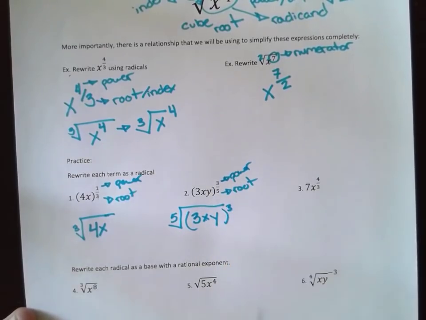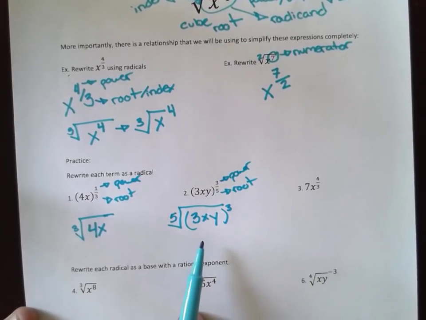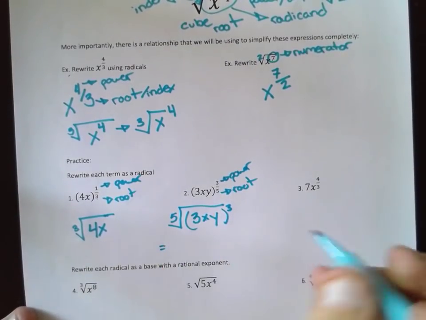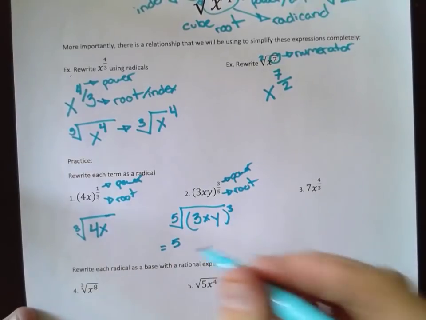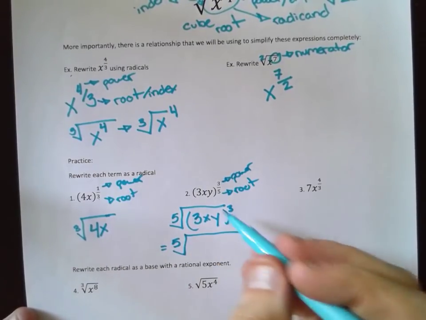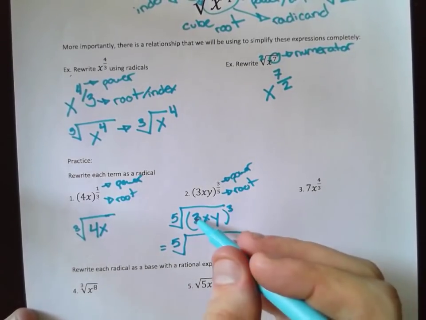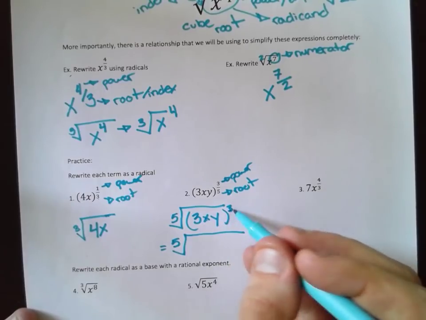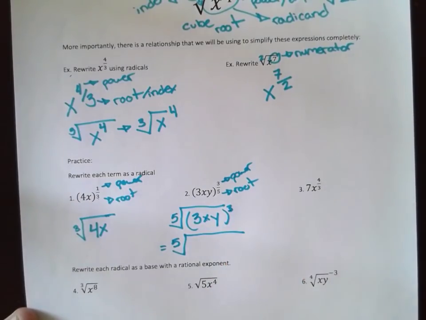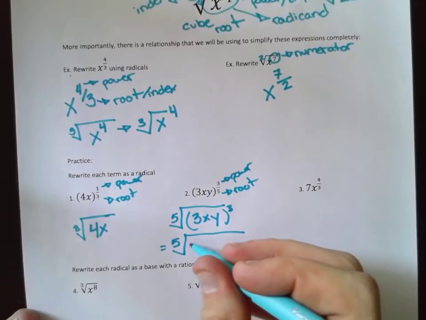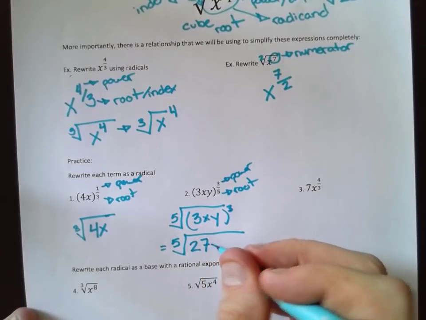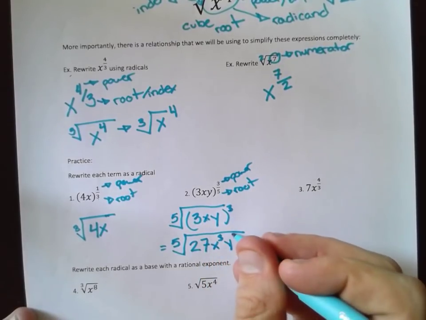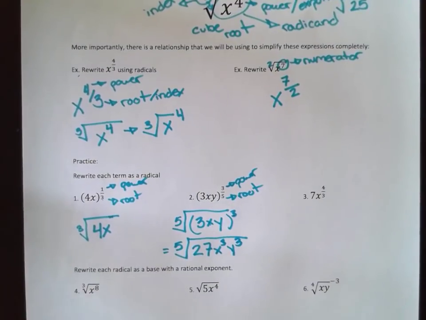Technically, this is not simplified down. To be correct, you'd have to raise everything to the third power: 3 cubed, x cubed, and y cubed. 3 cubed is 3 times 3 times 3, which is 27. x cubed is just x cubed, and y cubed is just y cubed. So that's what that would look like simplified down.